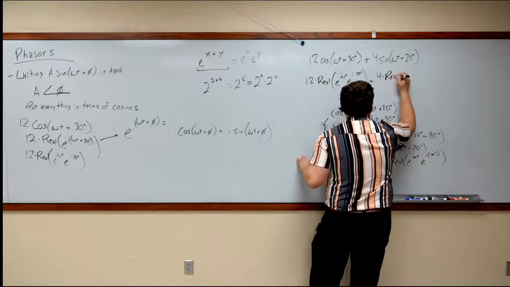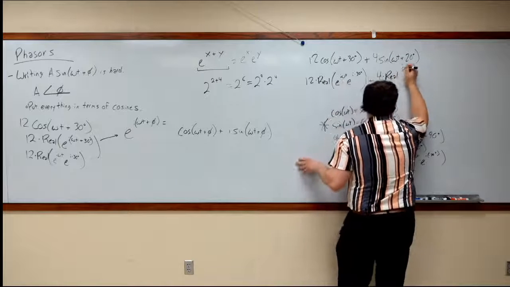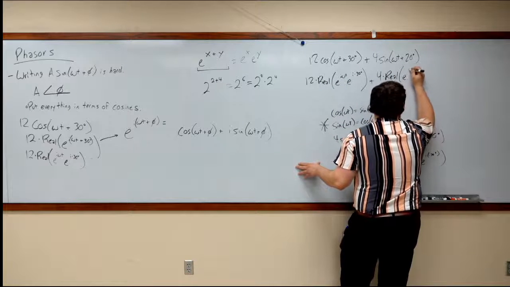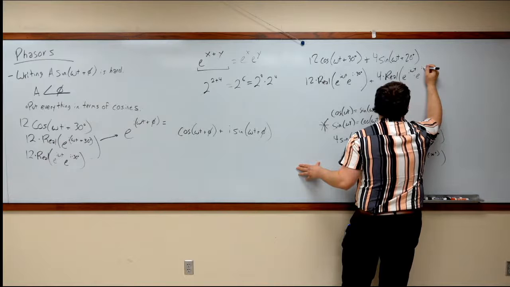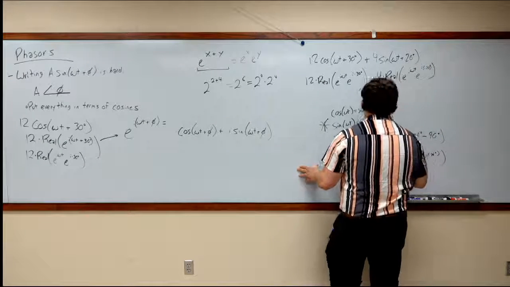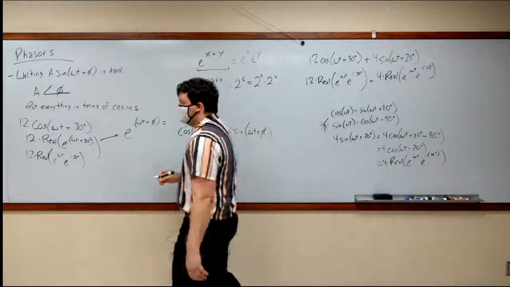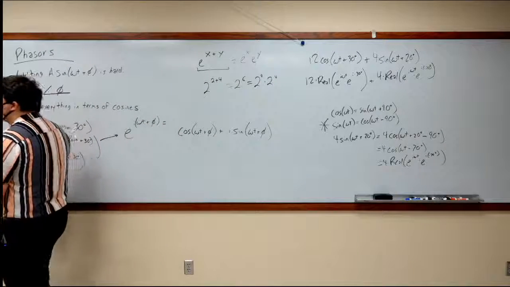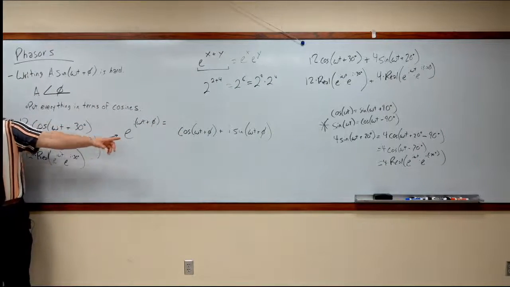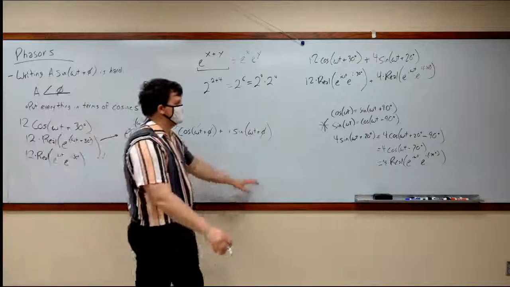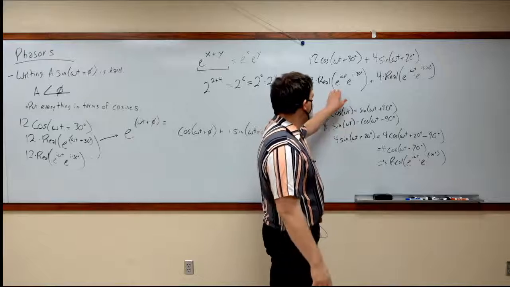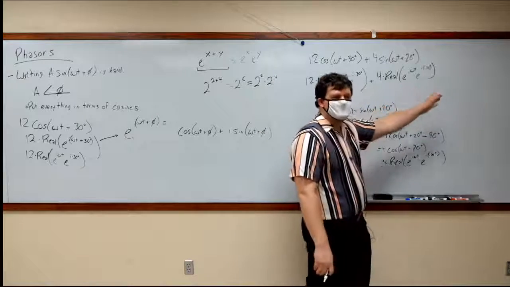So 4 times the real component of e to the I omega t times e to the I times negative 70 degrees. Now, the whole reason why we did that was because we can now add these functions. You'll notice both of these functions have e to the I omega t in them.